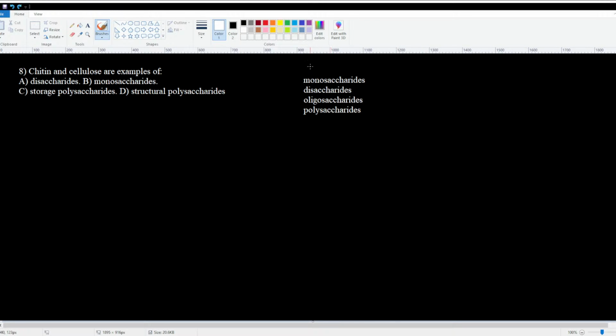Mono means one, di means two, oligo means few, and poly means many. So just from that, one, two, few, many, we can determine what's going on here. And what does saccharide mean? Saccharide is referring to sugar. Saccharus, I believe, means sugar in Latin. So a lot of these words come from Latin, of course.